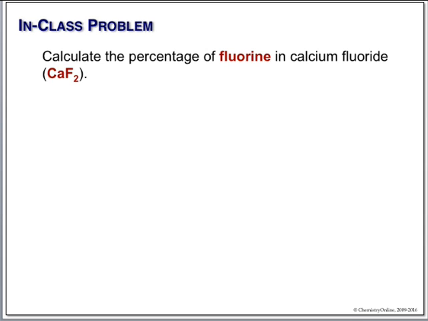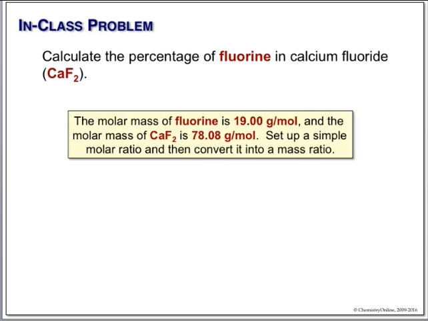Calcium fluoride, CaF2. What's the percentage of fluorine? First of all, you have to do your mass ratio, or your mole ratio. It's 2 to 1, isn't it? 2 fluorines for every calcium fluoride. We look at our periodic table.